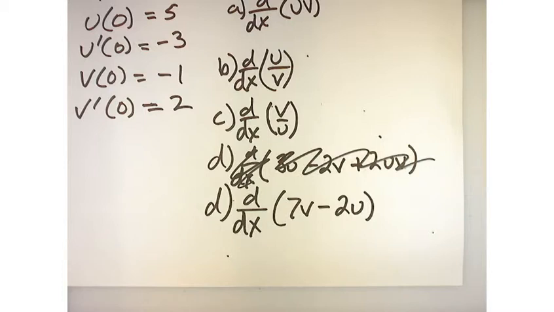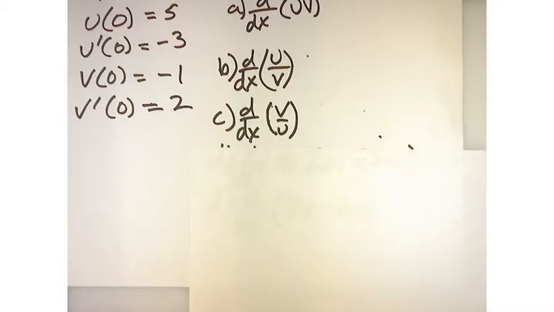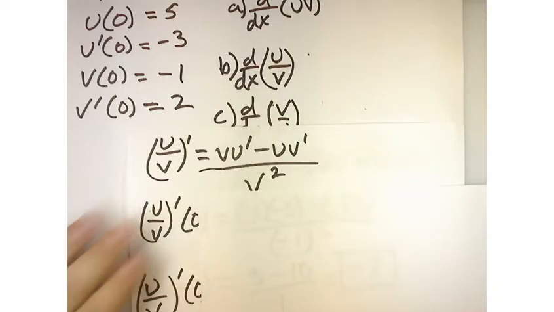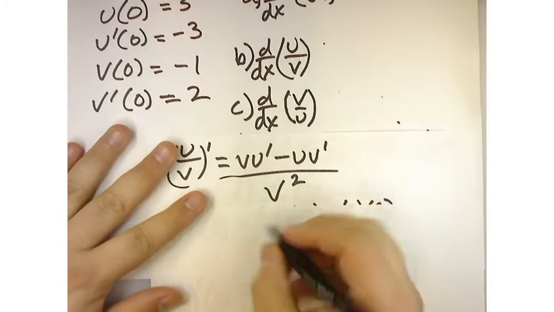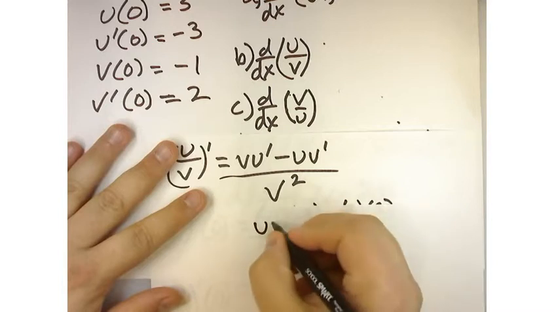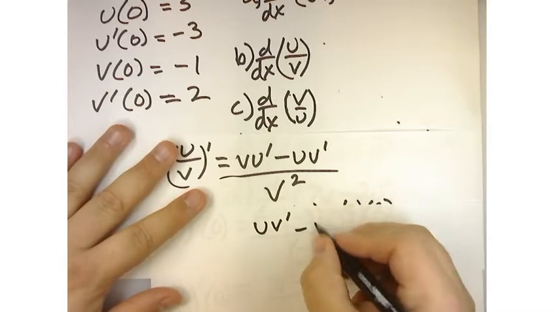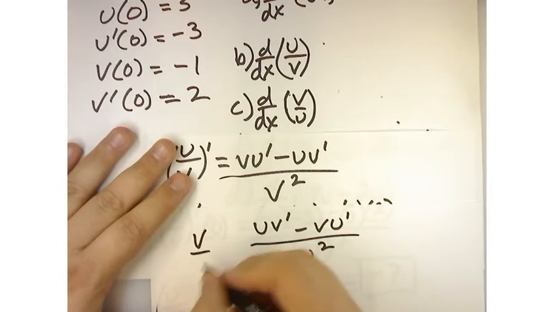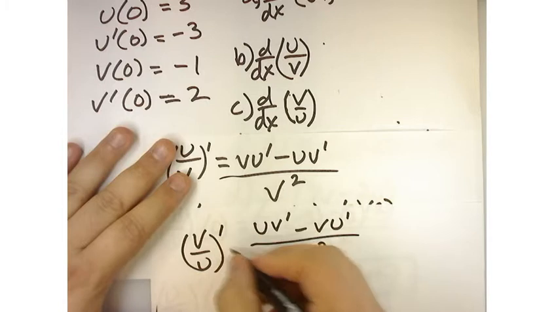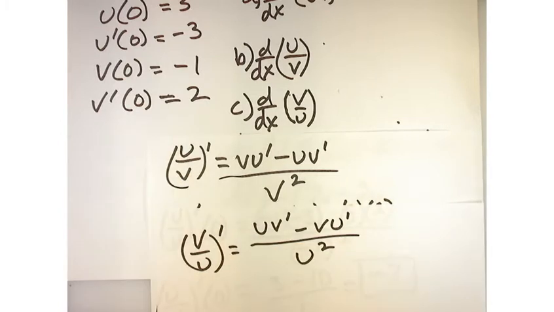Now see, they're doing some trickery stuff there to try and throw you off. So you're going to take this formula and you just have to flip the v and the u. So if I were to do this formula, it would be u v prime minus v u prime all over u squared. I think. Let's try it and see. Seems good.